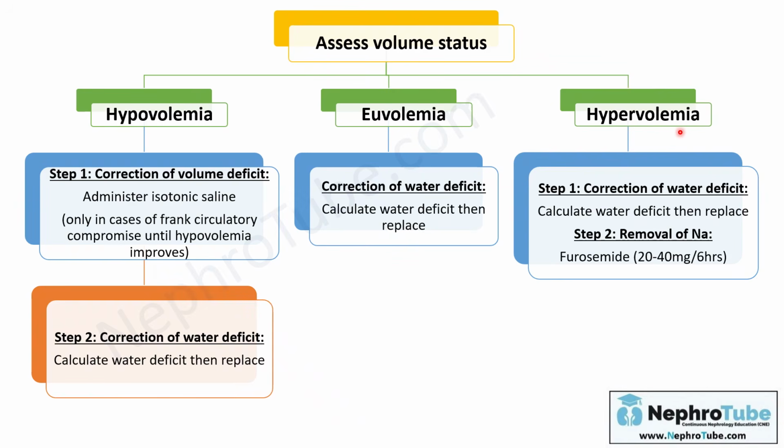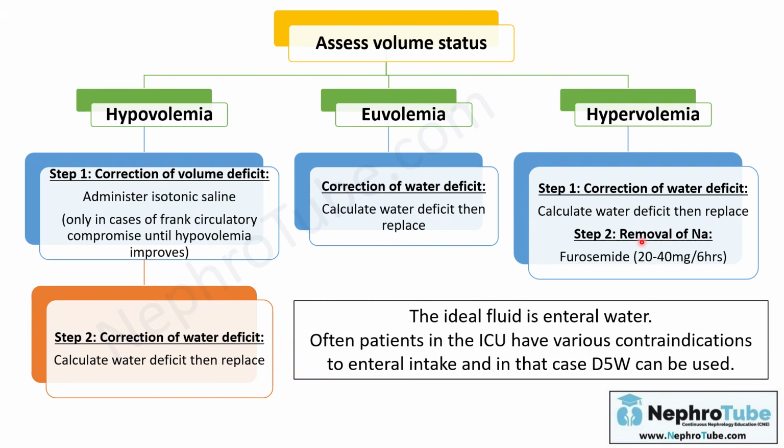If the patient is hypervolemic, you have to correct water deficit, but also you have to give diuretics to remove excess sodium and decrease the hypervolemia in this patient. Okay, so here you will calculate water deficit and replace, and at the same time you have to give diuretics.